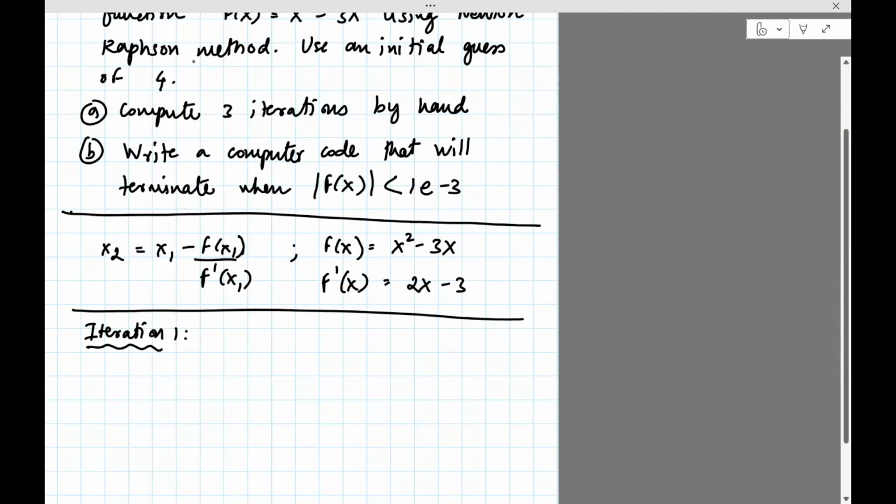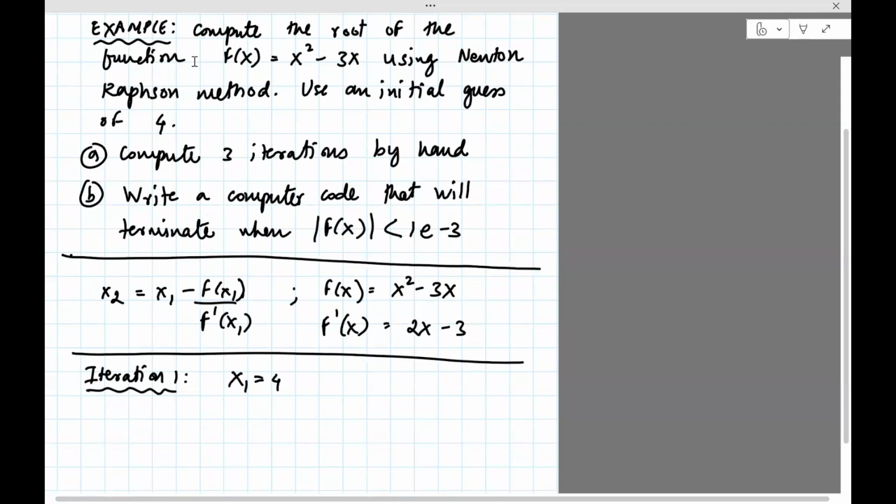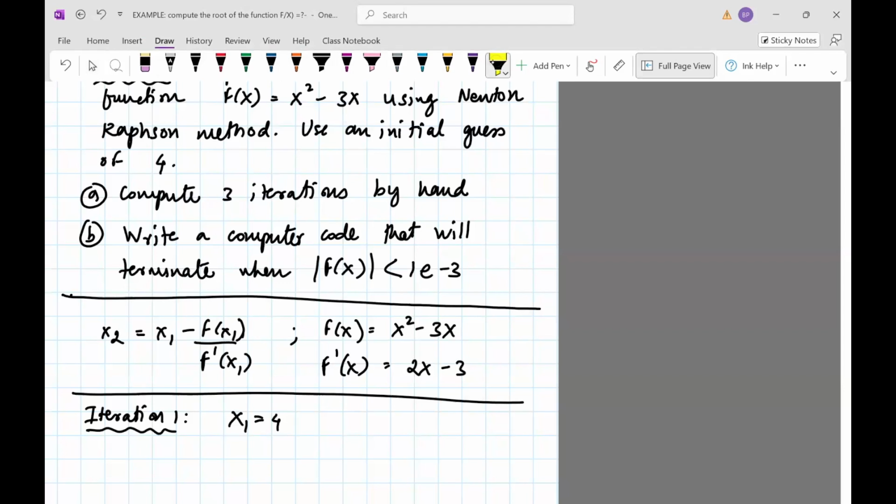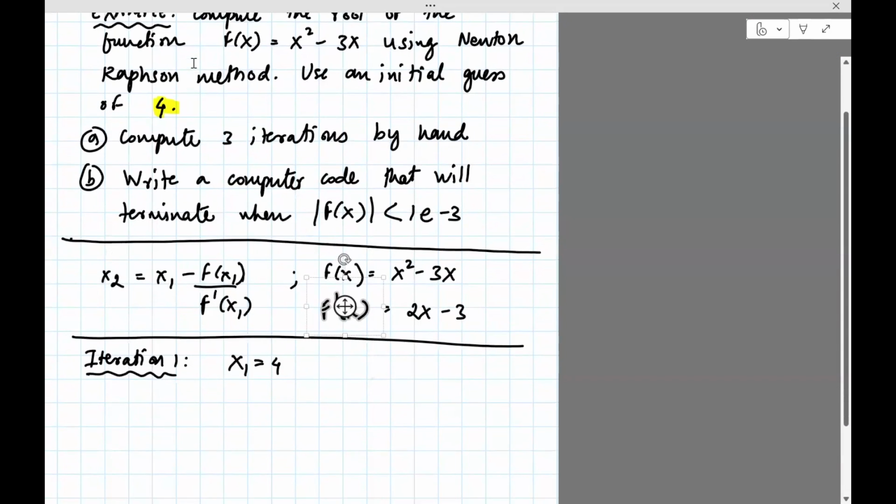Iteration 1. Okay, so we know that x1 is 4. That's given to us. So f of x1 is 4 squared minus 3 times 4 equals 4, and f dash of x1, which is 2x minus 3, so 2 times 4 minus 3 equals 5.